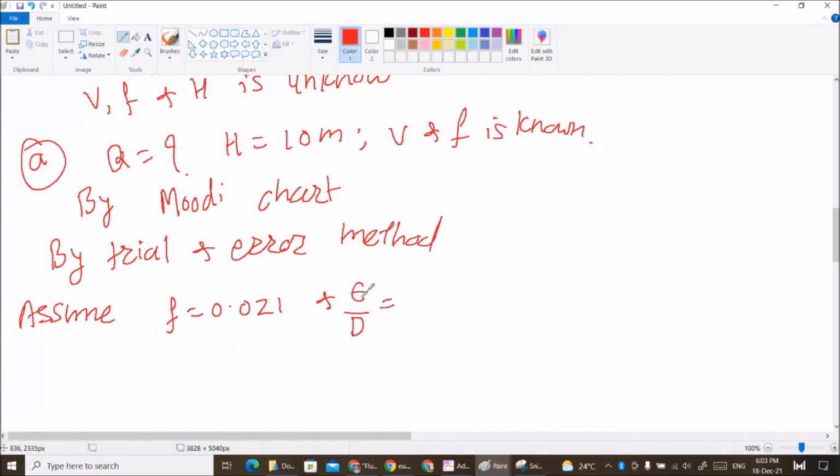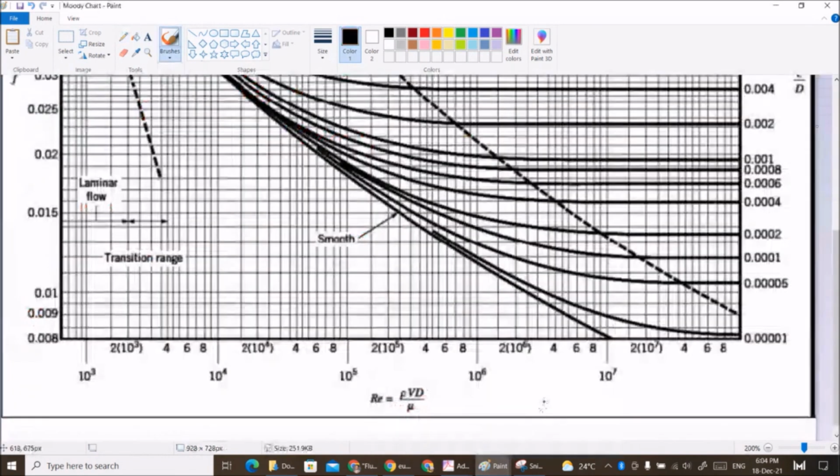That is psi, the manufacturer's surface roughness for the given pipe, and it depends on the pipe. So it is given to you, 0.0017. So go to the Moody chart and find out. So go to the Moody chart now. Moody chart. So f is equal to.